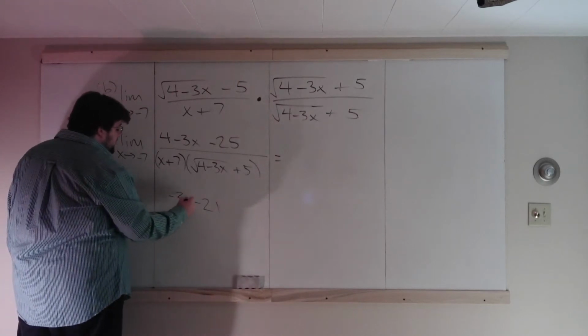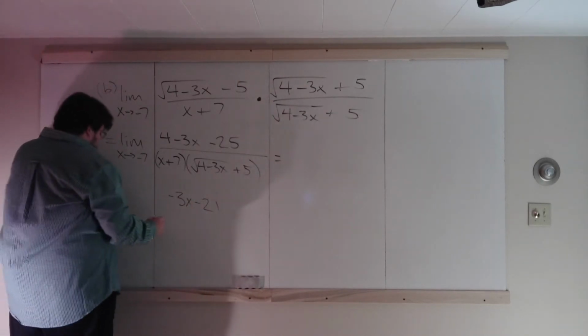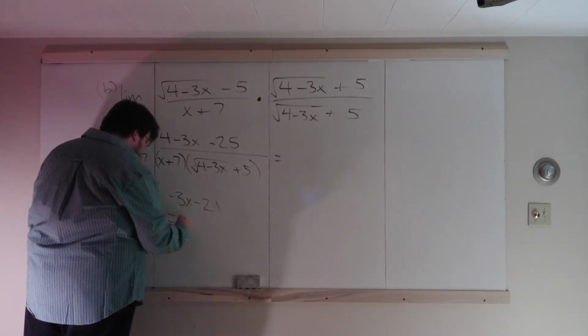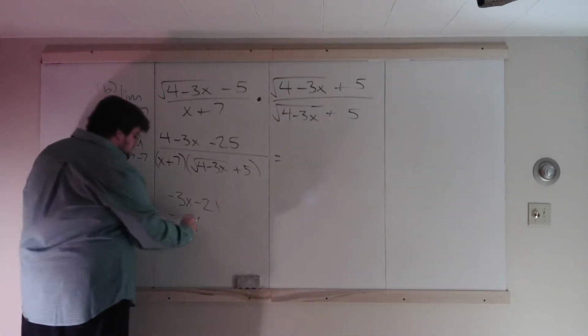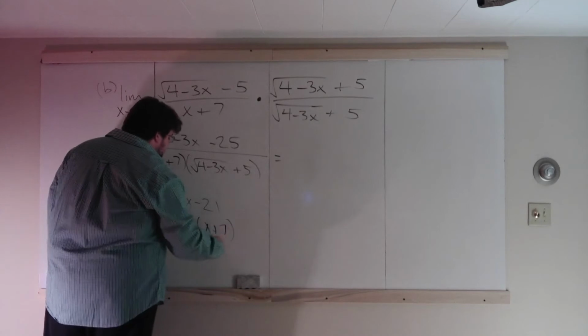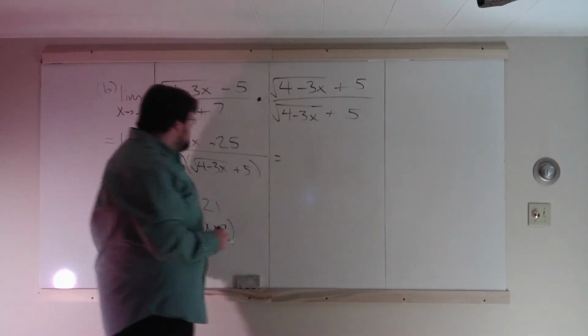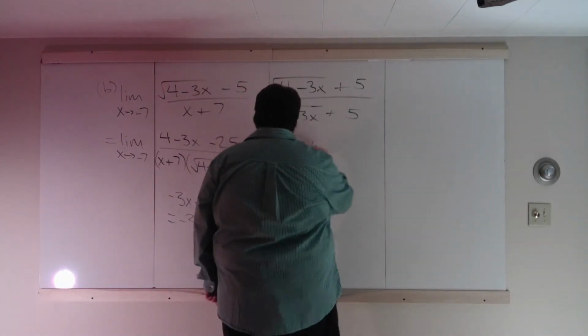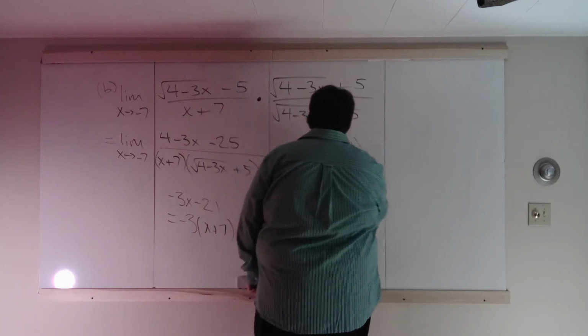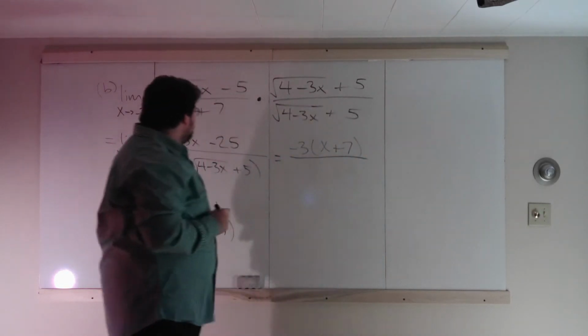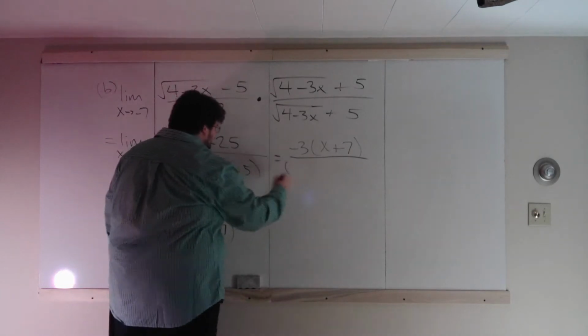And we also have a negative 3x there. So we can factor out a negative 3, and we're left with x plus 7 in the numerator. So let's write that down. Negative 3 over x plus 7 all over.